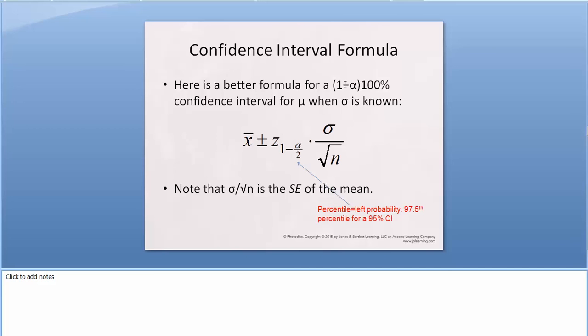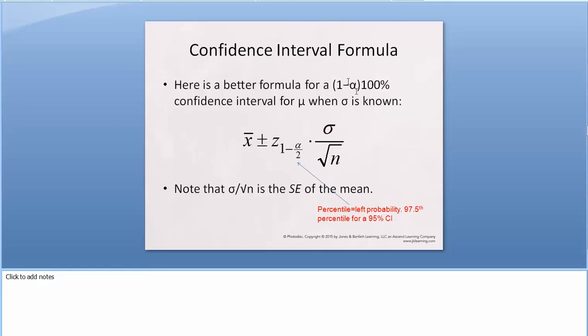To get the confidence interval, you need the percentile, which is the left probability of that middle portion and the leftmost. If you think in a picture, the middle will be 1 minus alpha, the left side will be alpha by 2, and the right side will be alpha by 2. They will all add to 1, right? 1 minus alpha plus alpha by 2 plus alpha by 2 gives you 1.